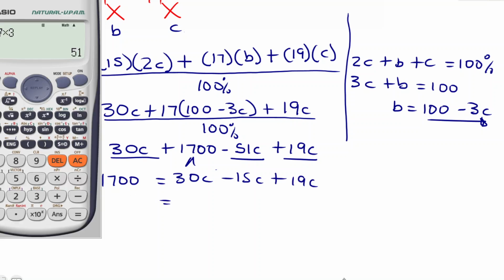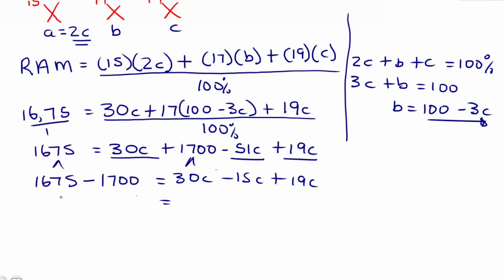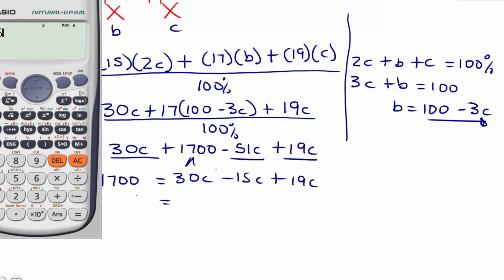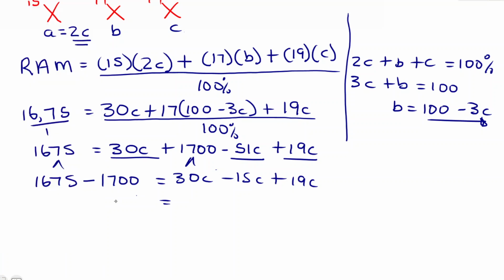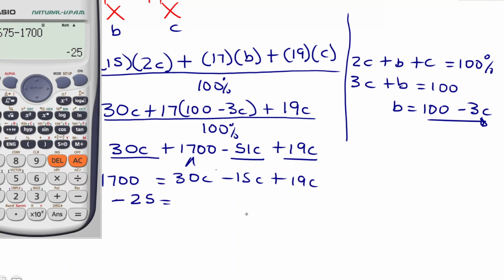Let's start with the one on the left. 1,675 minus 1,700. So the answer for the left side is negative 25. Let's do the one on the right.